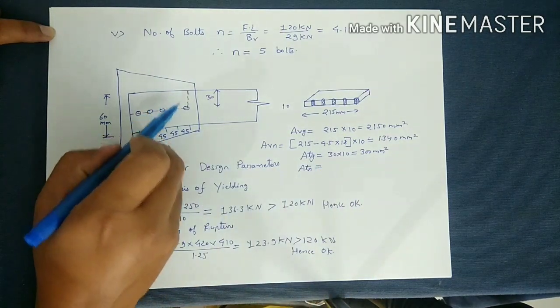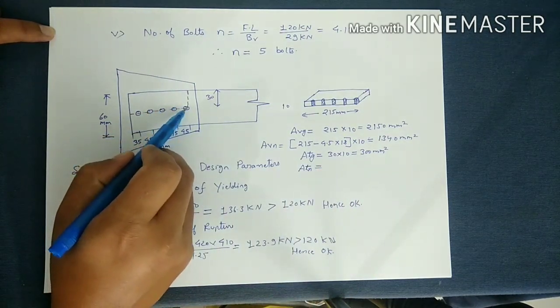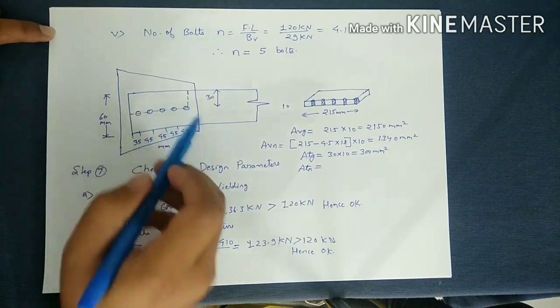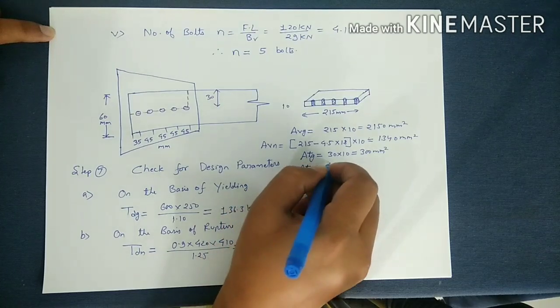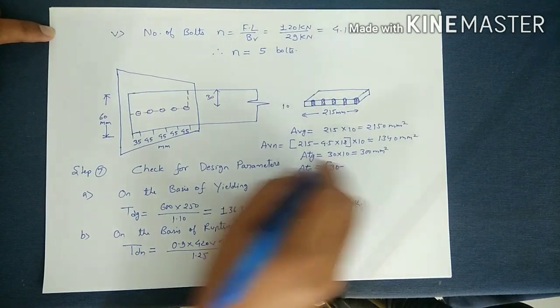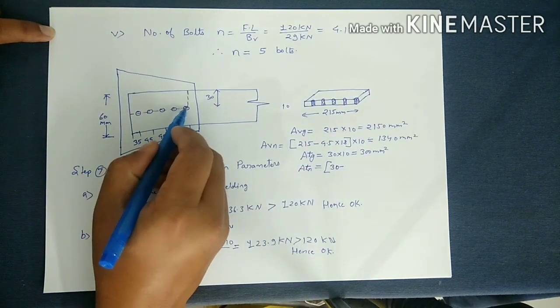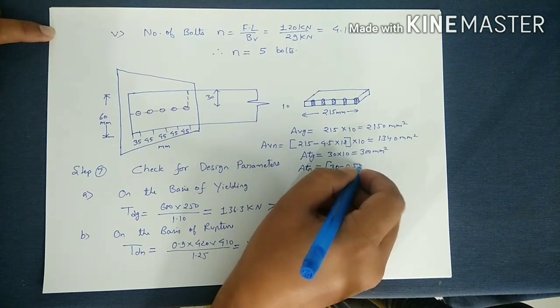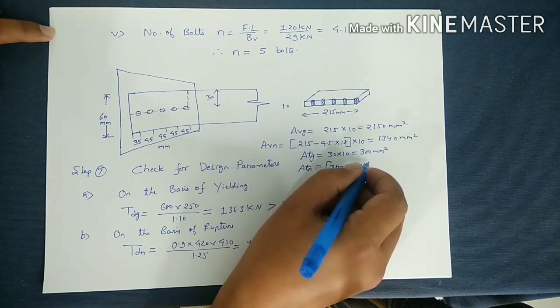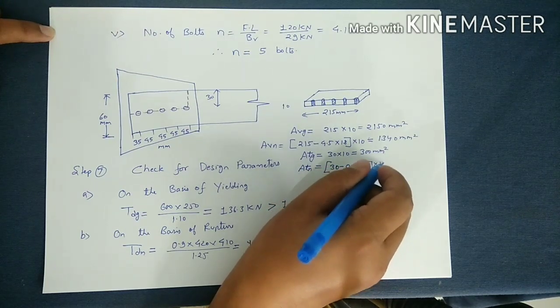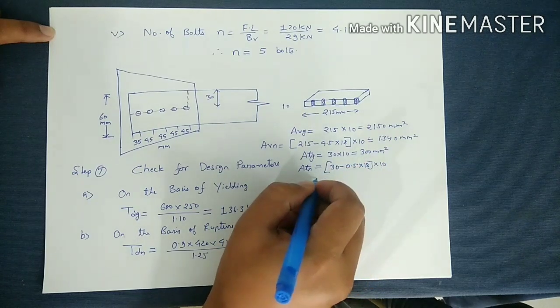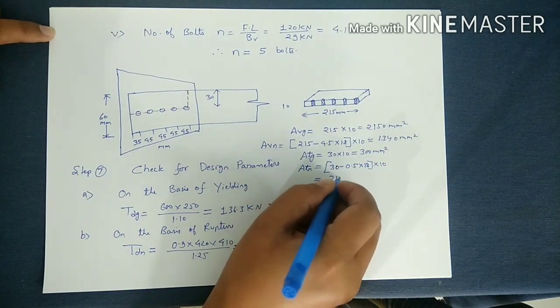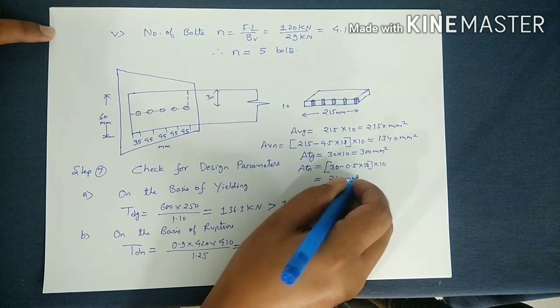So the net area of the tension plane will be only this part. Therefore, it will be equal to 30 minus half the diameter, that will be 0.5 into 18, into the thickness of the plate, which will give 210 mm square.